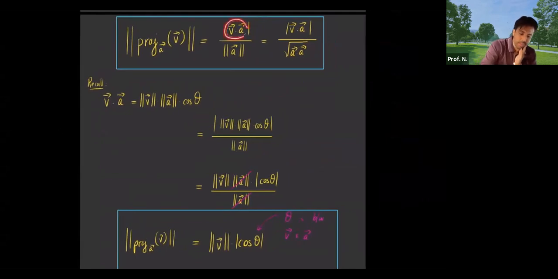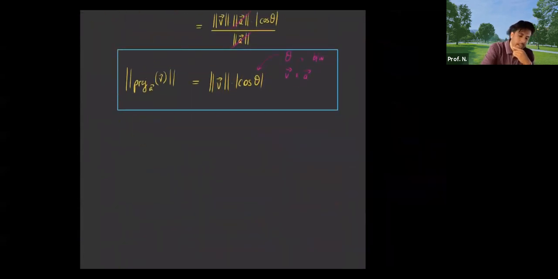So we have the dot product version, with the norm equivalent to taking the square root of the dot product. So we have a dot product formulation for the norm of the projection of V onto A. And if we're given the angle theta between the two vectors, I can simply find the cosine of that angle and multiply it by the norm of V, and I figure out what the projection is. And the diagram behind that is the following.